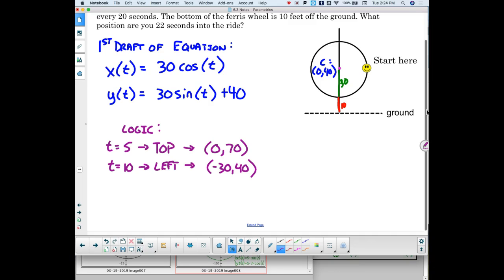Go a little bit more. T equals 15. Where am I at? What's that position? I'm on the bottom. Yes. Position is (0, 10).